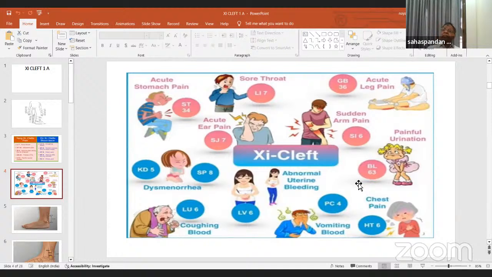Spleen 8 for acute dysmenorrhea, that is the acute pain during period because of blood stasis in the uterus. And bladder 63 and liver 6 for acute cystitis, that is the inflammation of the bladder.